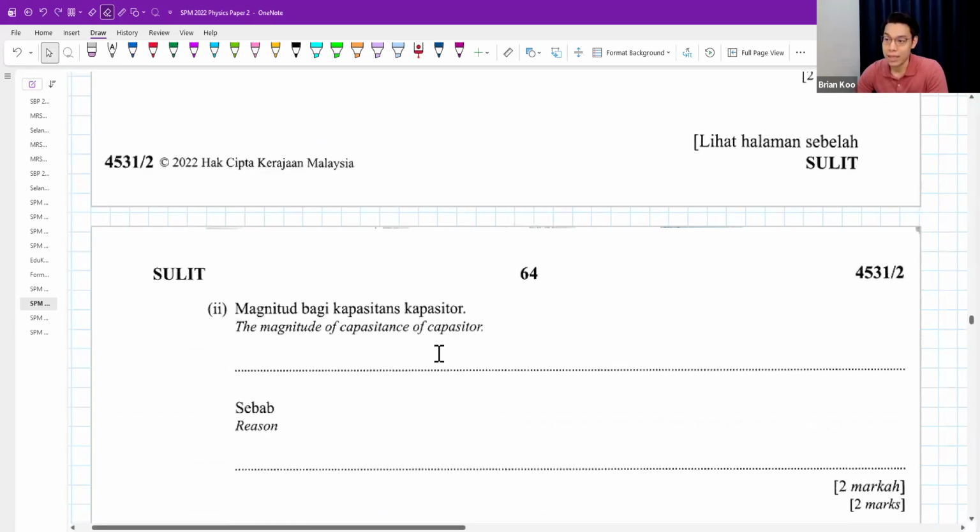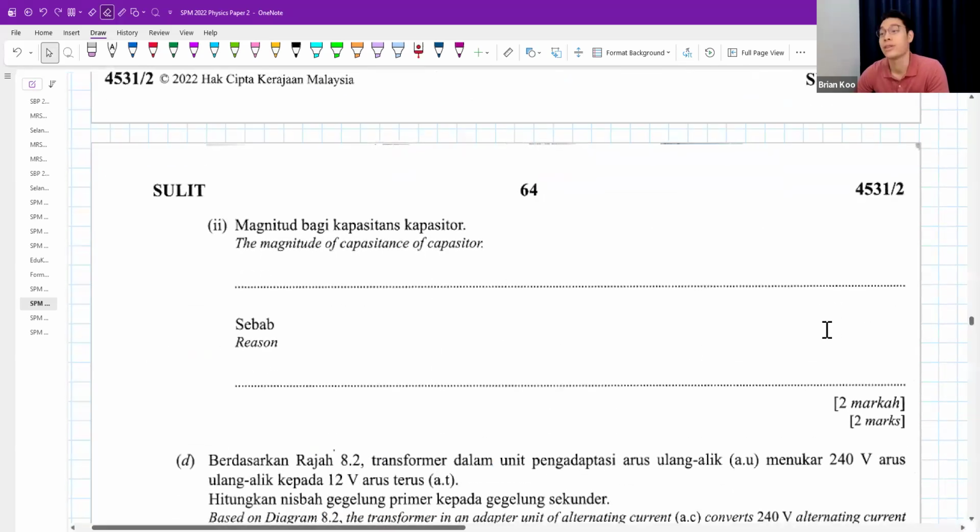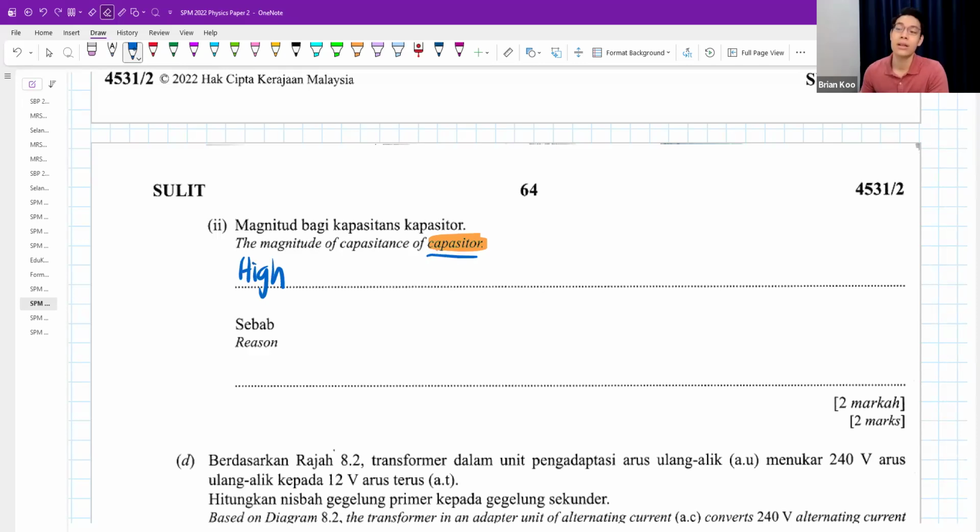The magnitude of capacitance of capacitor. Many students say they don't know what the meaning of this is, but you can make a guess. If I mention capacitor, of course the higher magnitude the better, and you tell them the job of the capacitor. Capacitance is how smooth it will be, okay? So that you get a smoother current.